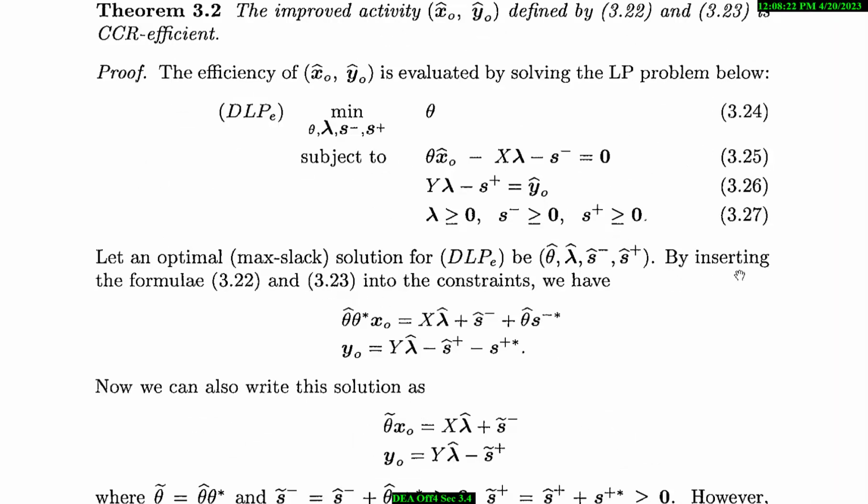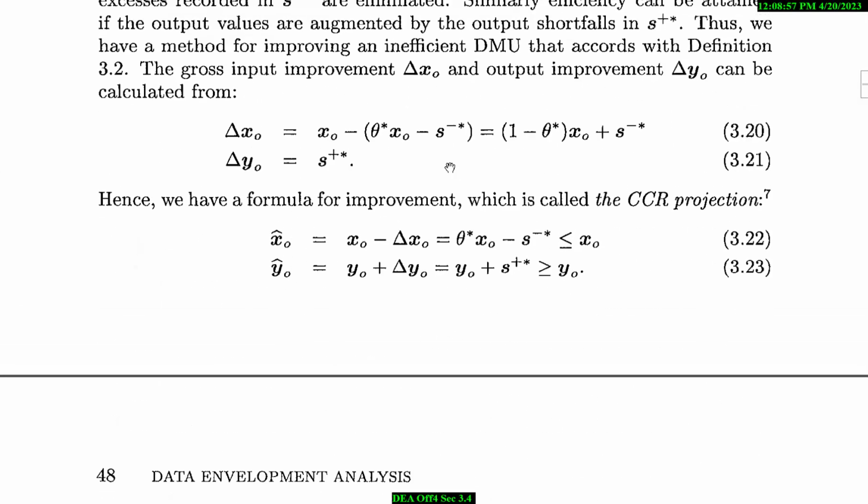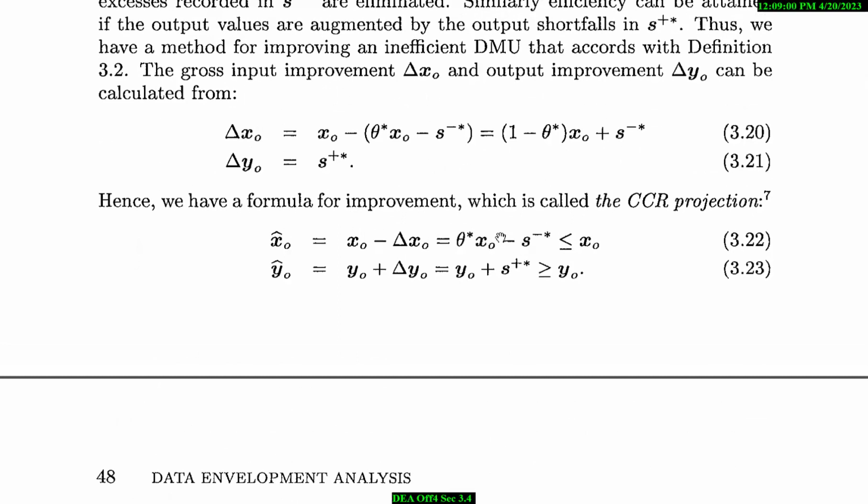Now, by inserting the formulas 3.22 and 3.23 into the constraints, instead of x hat o we have theta star xo minus s minus star, and instead of y hat o the equivalent value.